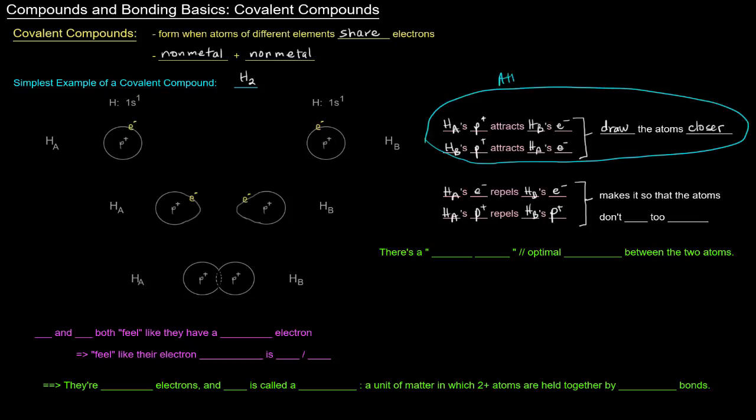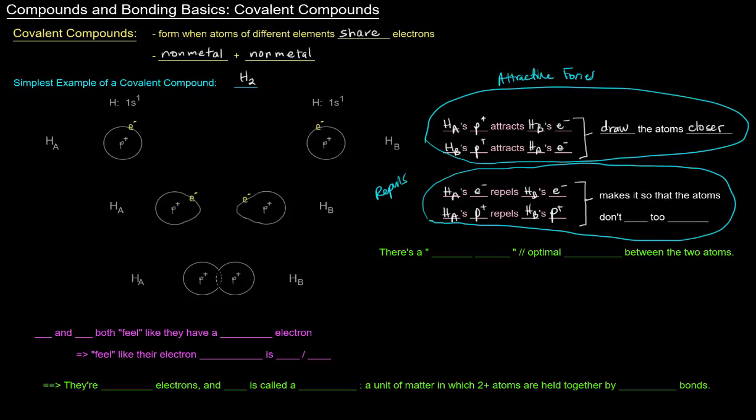These are the attractive forces. And then there are the repulsive forces. So what happens is that the attractive forces, of course, are drawing the atoms closer together. But these repulsive forces are doing a certain job at repelling the like charges.